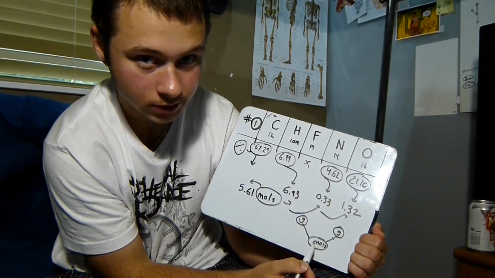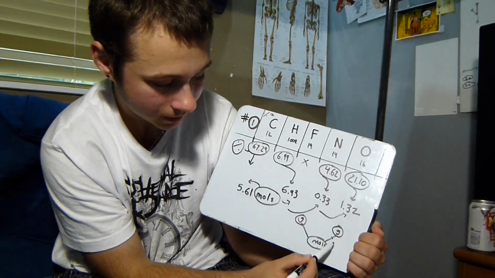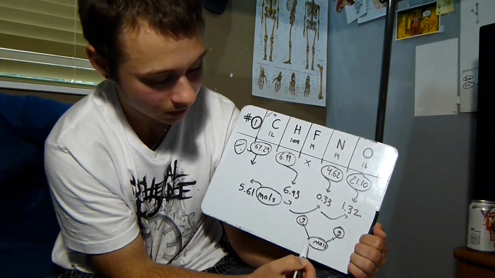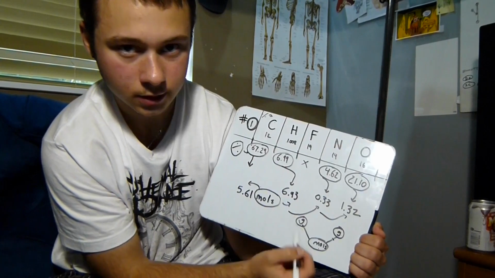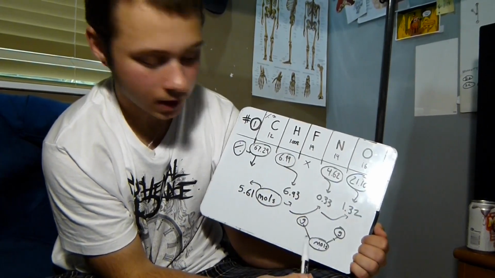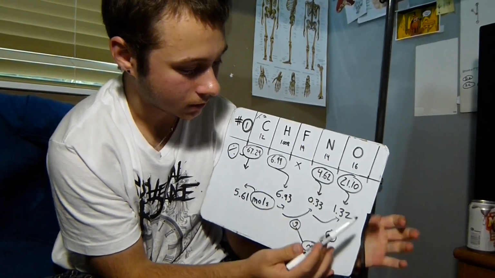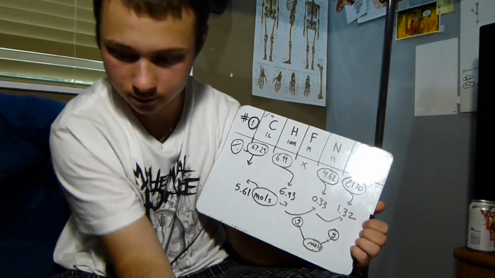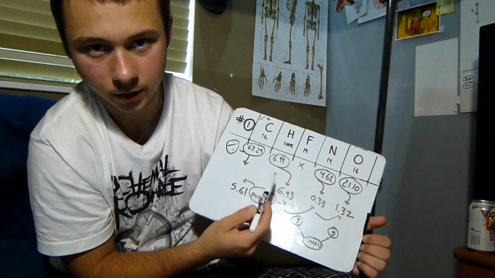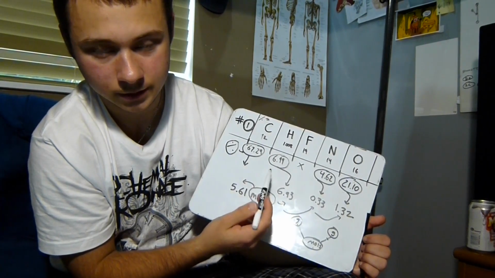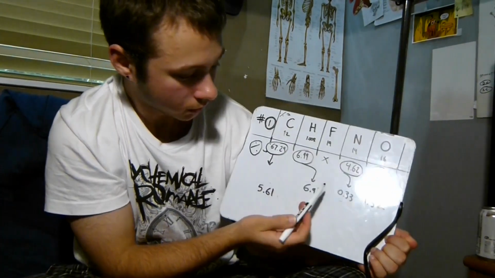If you have the moles of a substance, then you multiply by the molar mass to get to grams. So it's just like a little curvy thing. Out of 100%. It's all out of 100%, because those are the moles.